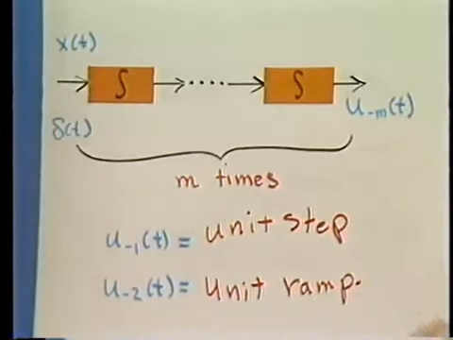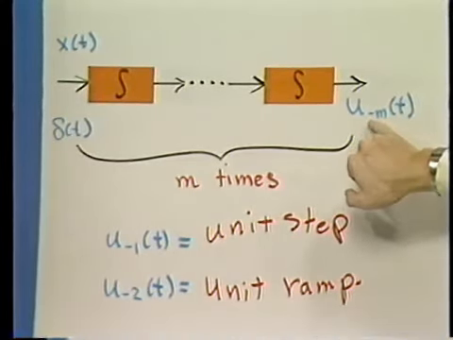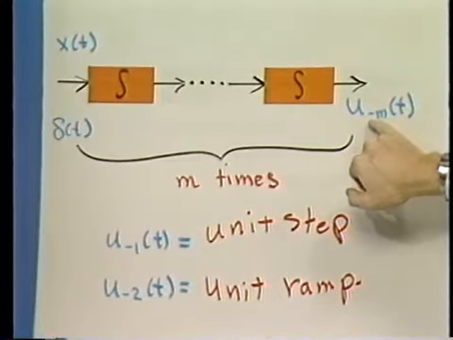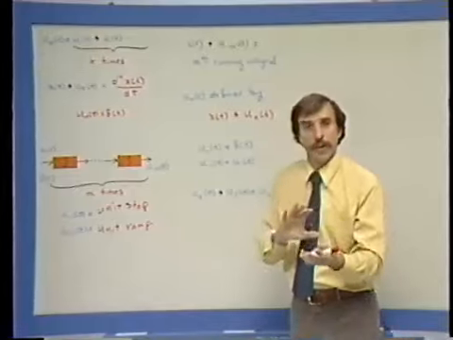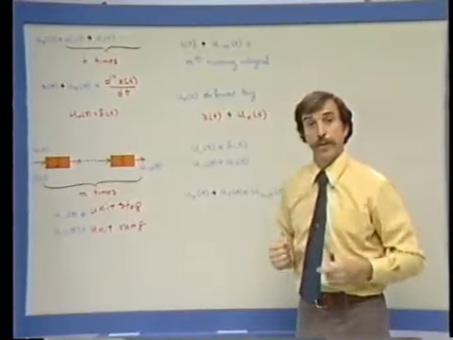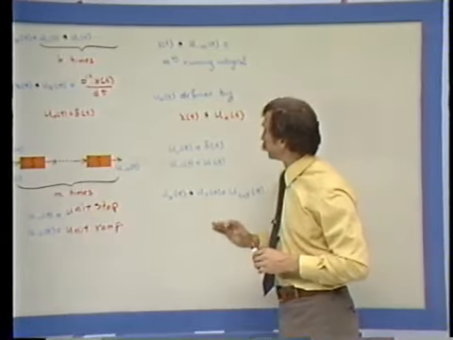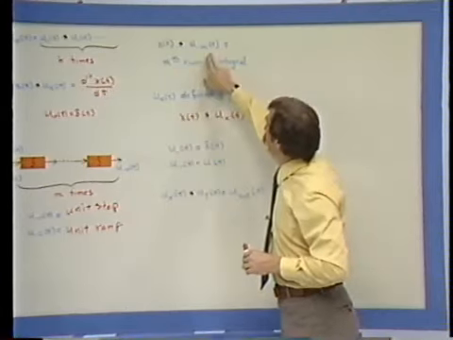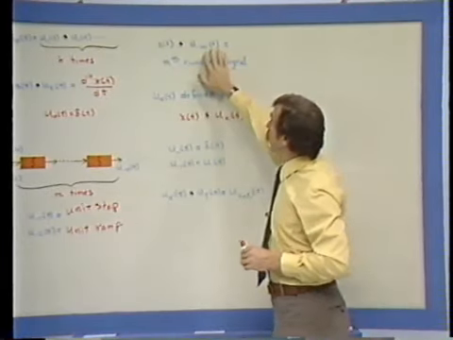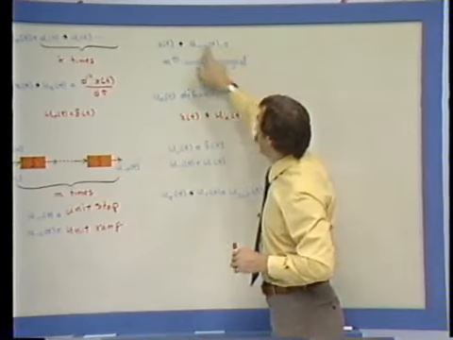etc. And there is, in fact, a reason for choosing negative values of the argument when going in one direction, here integration, as compared with positive values of the argument when going in the other direction, namely differentiation. In particular, we know that with u sub minus m of t, the operational definition is the mth running integral.